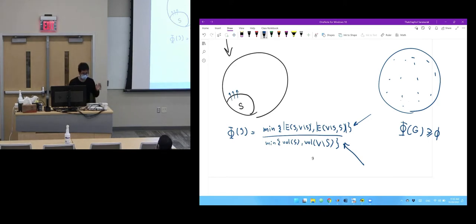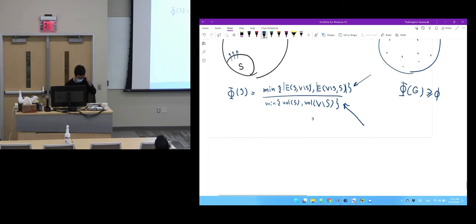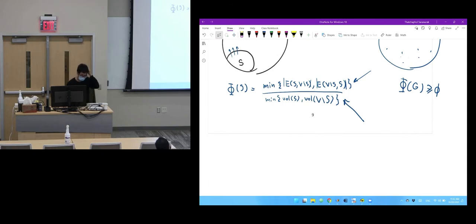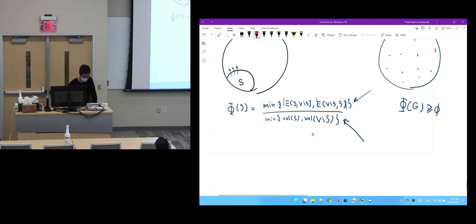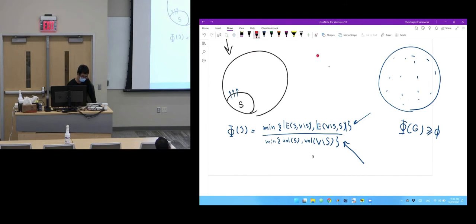Anyway, given that we define the notion of expansion in this way, let's try to derive expander decomposition for directed graphs. First, what if the graph is something like a DAG, or let's say a directed path?